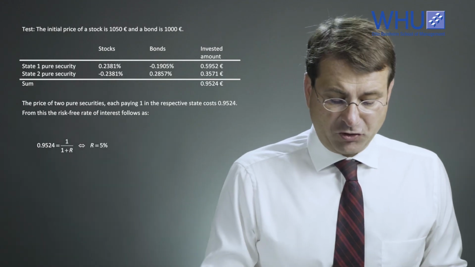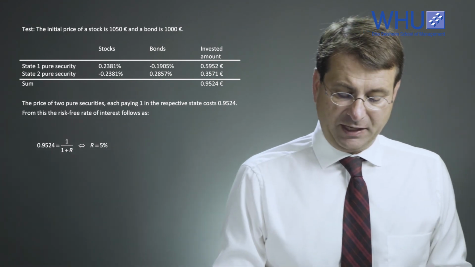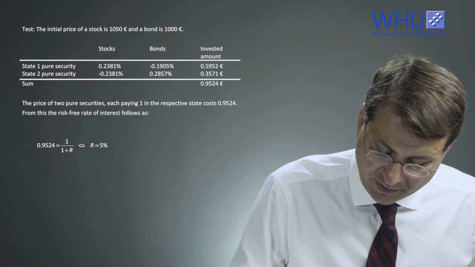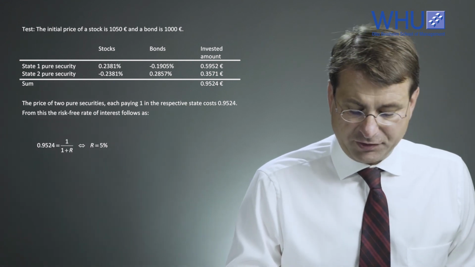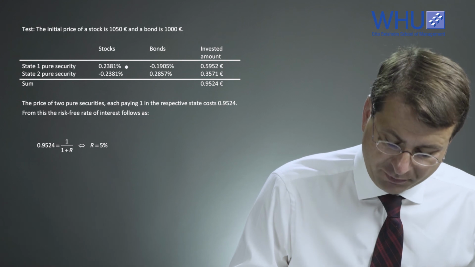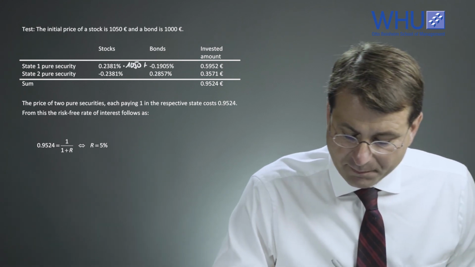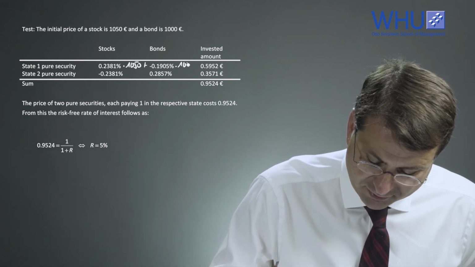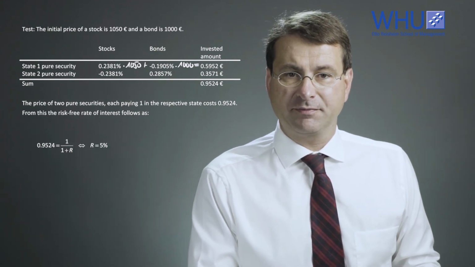Now, in other words, if you combine the stock and the bond, given that the stock costs 1,050 today and the bond costs 1,000 today, the price of the state 1 pure security is 0.2381% times 1,050 plus minus 0.1905% times 1,000, which is 59.52 cents.